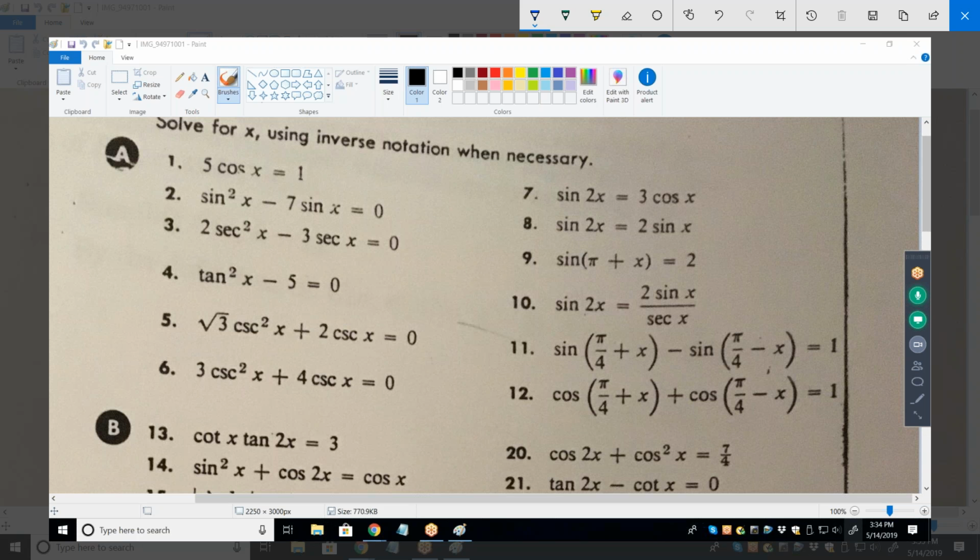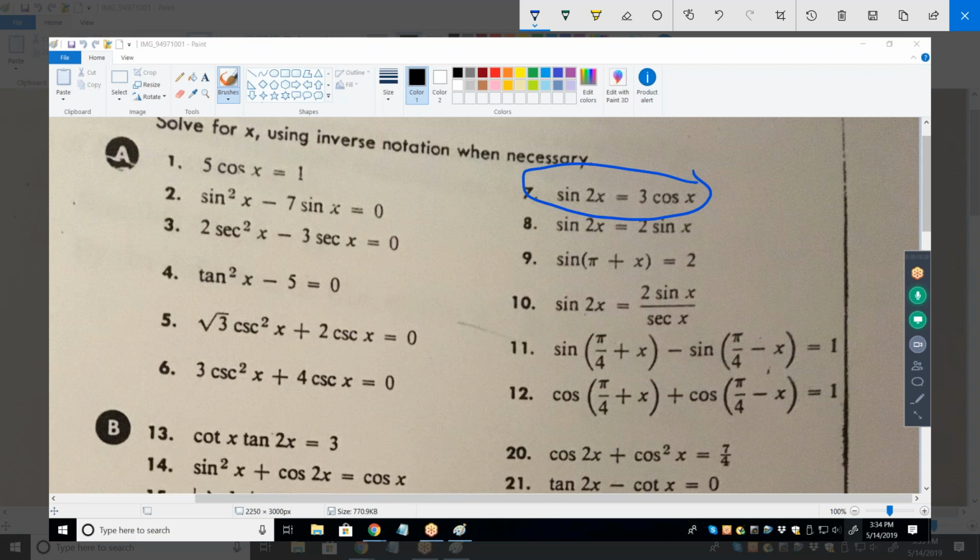Okay, so let's see. Let's get into 7. It starts to get a little rougher here. Now, 7. What's your first thought when you look at 7? I'm going to have to change these to a common trig function.